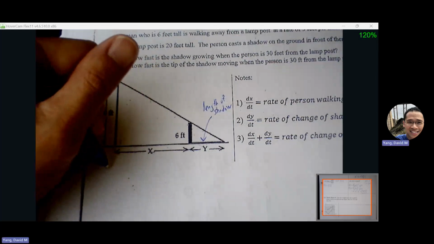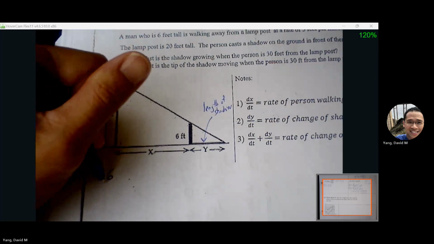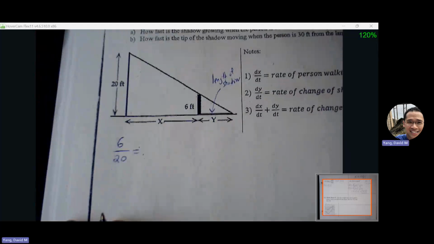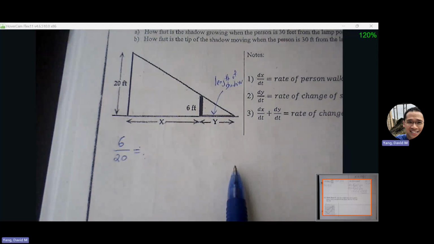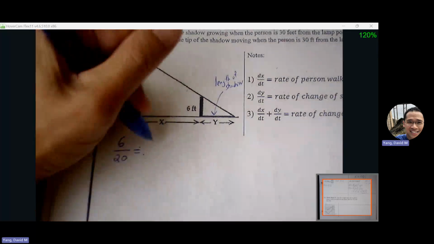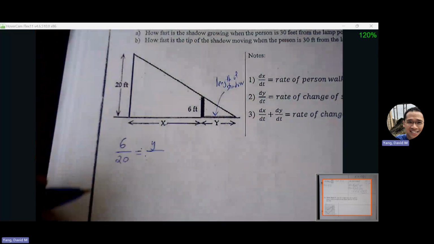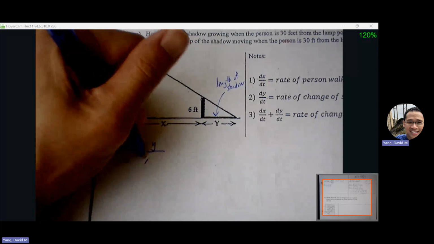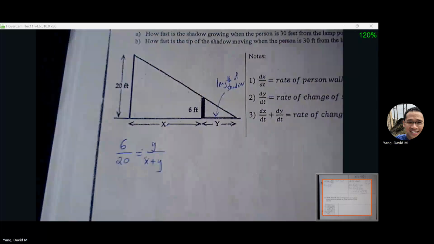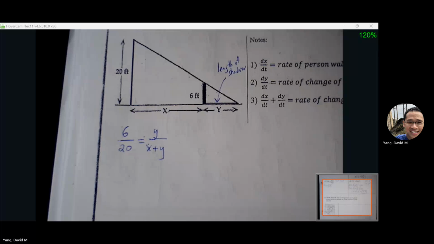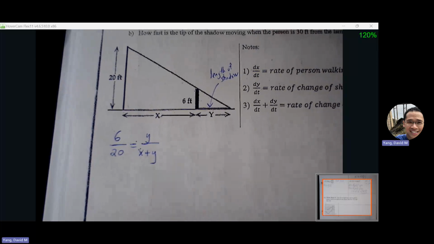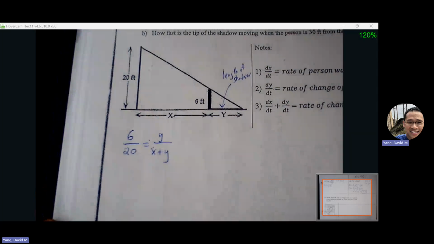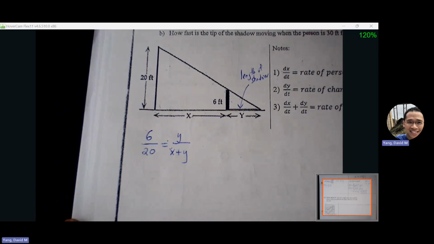I can say the height of the small triangle is to the height of the large triangle as the base of the small triangle. What's the base of the small triangle? y. Is to the base of the large triangle, which is what? Good. Not x times y, it's x plus y. And I would say that's the hardest part. If you can set up the proportion equation, then the rest would feel a lot more straightforward.